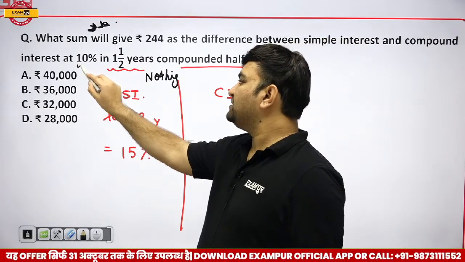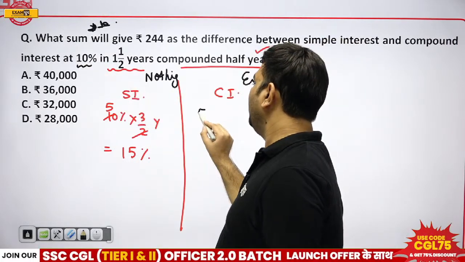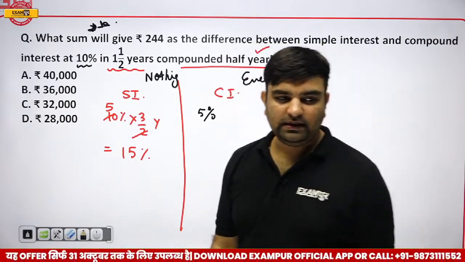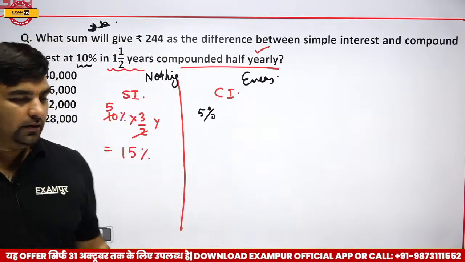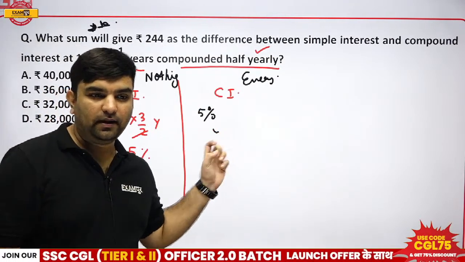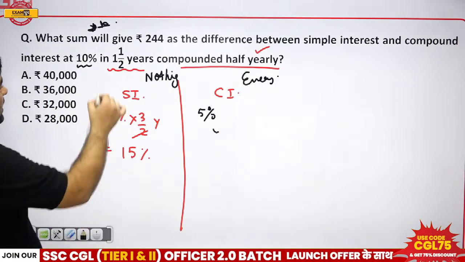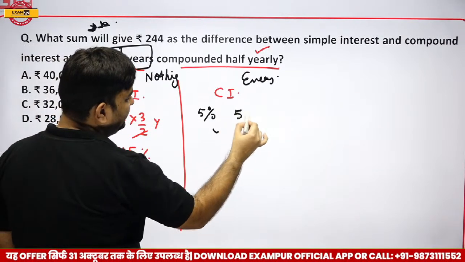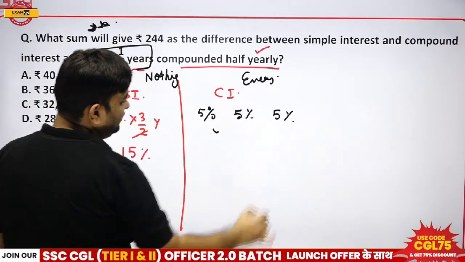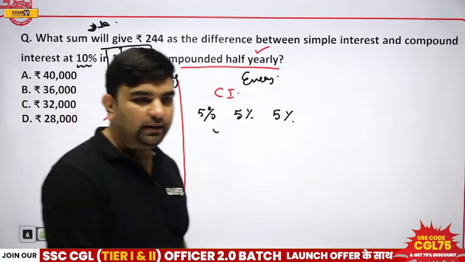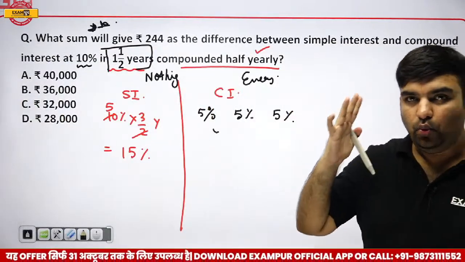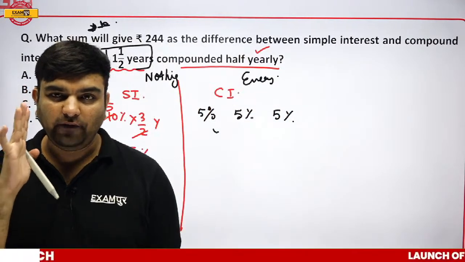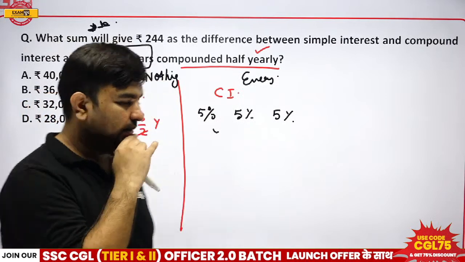So if the rate is 10% per annum, we will be converting it as 5% per half yearly. And in 1.5 years, how many half yearlies are there? I think 3. 1.5 years is 3 half yearlies, my dear.